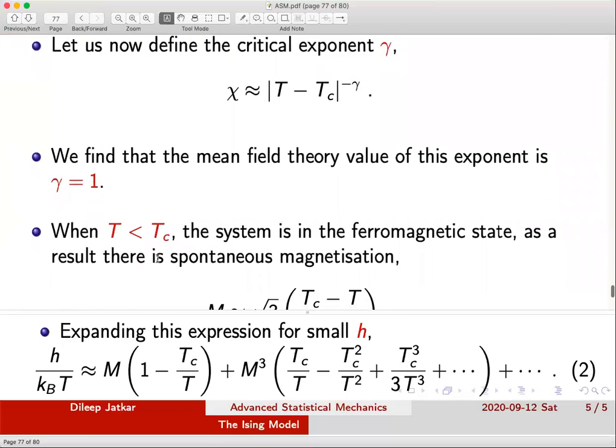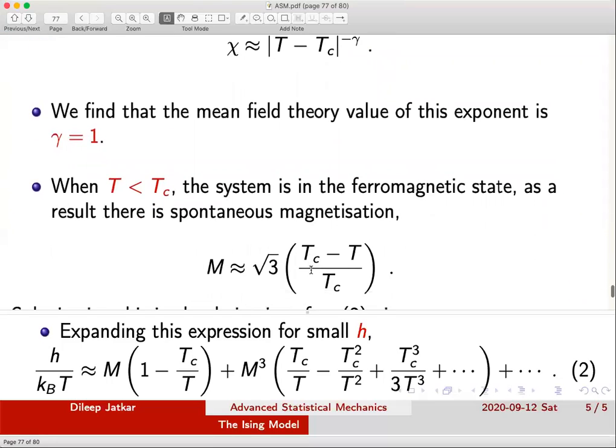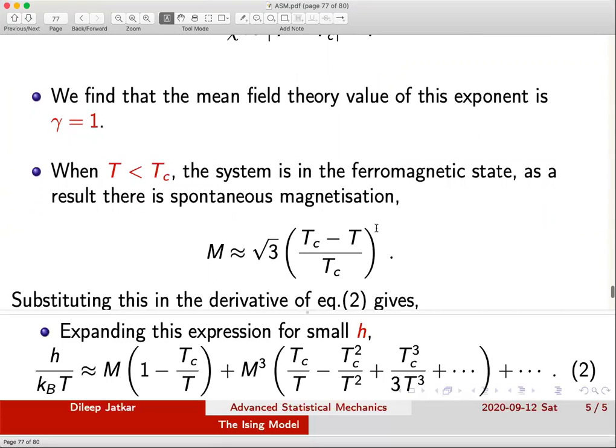We could do the same thing in the ferromagnetic state, where T would be less than Tc, and we need to massage this expression a bit by using the behavior of M. I'm sorry, I forgot to put the square root here. Let me say m squared is equal to 3 times (T minus Tc) upon Tc.